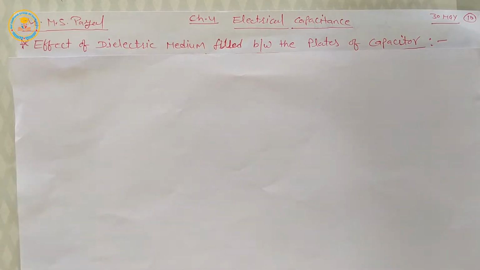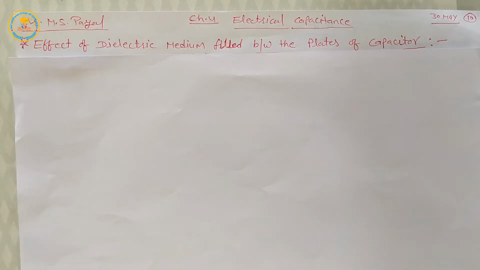From this equation, we can define the dependency of capacitance on factors like area, medium, and distance between the two plates. Today we discuss the dependency of capacitance on the medium between the plates.